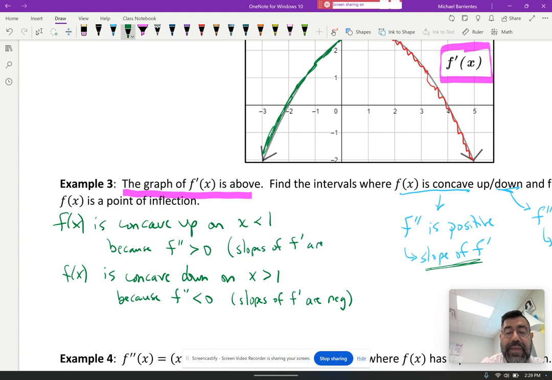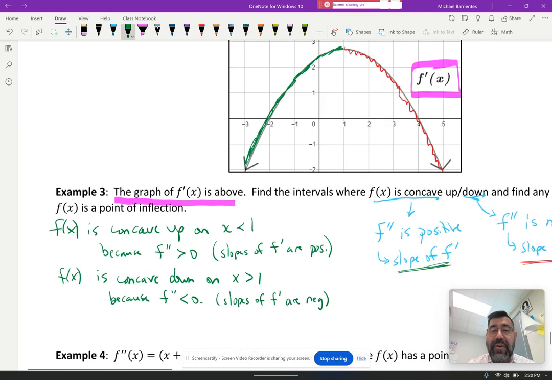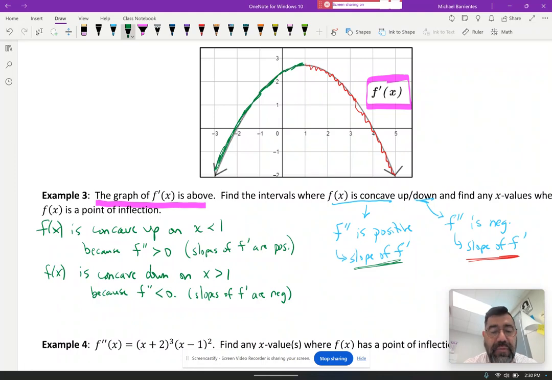Over here, we'll say that they're positive. Again, the parenthetical part, that's up to you. I can put a period here, and that would suffice. But I'm writing this to help us realize what exactly we were looking at. We were looking at the slopes. They're all positive, and that would be the second derivative, because that would be the derivative of f prime, which is what I'm looking at.